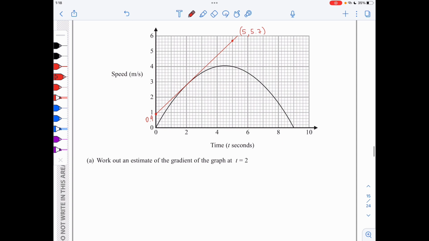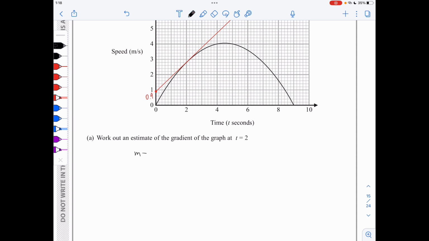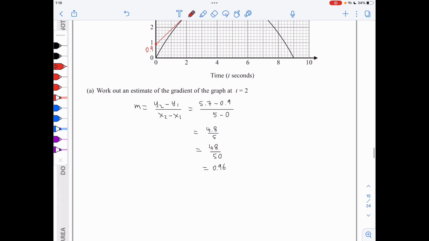So the gradient will be found by doing y2 minus y1 over x2 minus x1, which in our case leads to 5.7 minus 0.9 over 5 minus 0. So this is 4.8 over 5, which is 48 over 50, which as a decimal is 0.96. The examiner here is accepting anything between 0.7 up to and including 1.1.